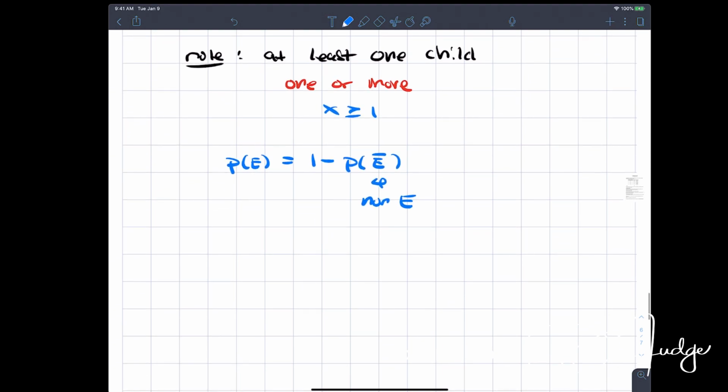Here's something that some of you guys may have already known that you can use. Go back to the last lesson. The probability of at least one child. The probability of at least one, remember, was 1 minus the probability of what am I going to say here? What am I going to put in here? This is key for today. Remember, probability of at least one of anything is 1 minus the probability. What goes there, ladies and gentlemen?